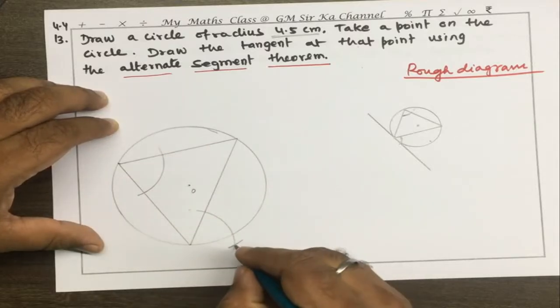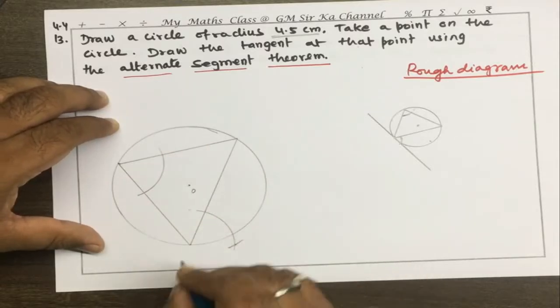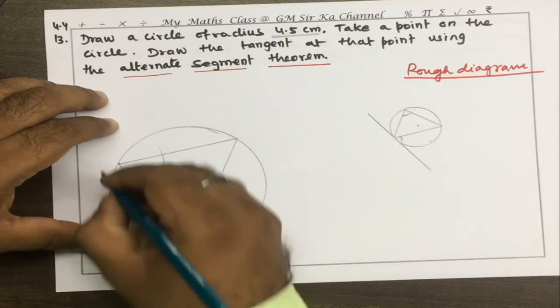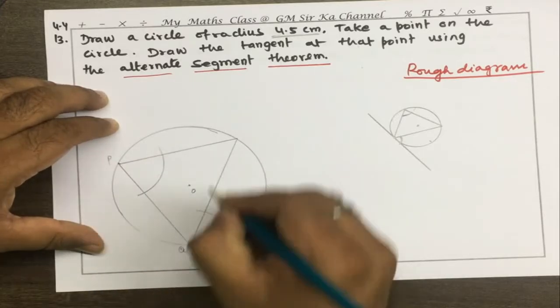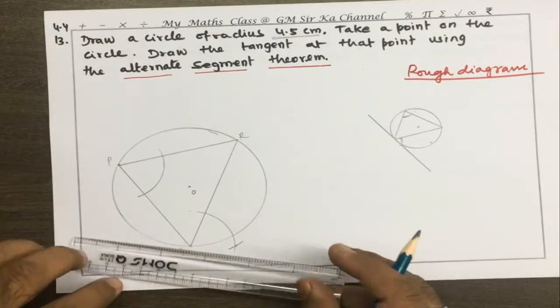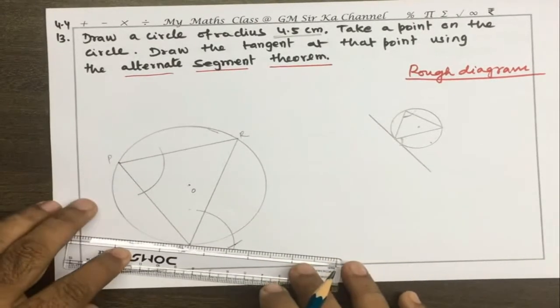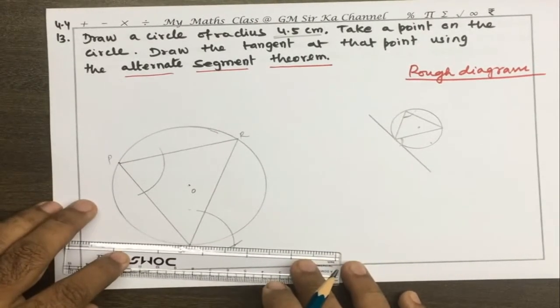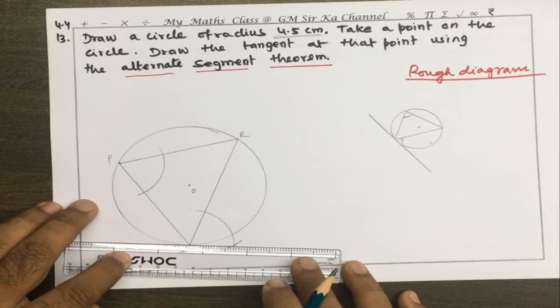So the equal angle of this is taken here and drawn here, and from this point we can say PQR triangle, and at Q which is on the circle, now we are drawing the tangent.